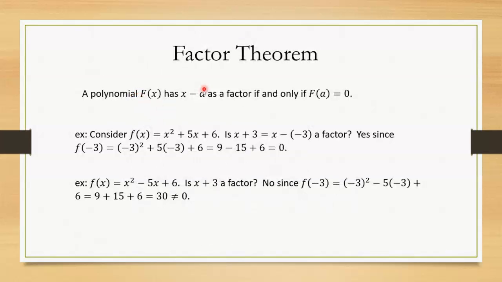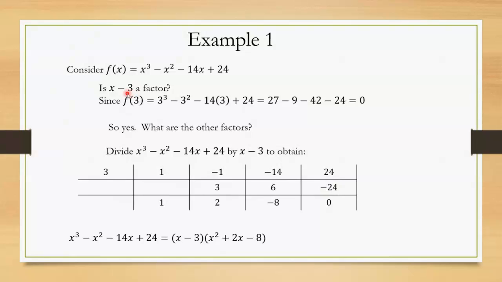Again, going back to this, you have x minus a number. It has to be minus a number, and you evaluate at that number. So here we have f of 3. If you evaluate it, you end up getting 0 by direct calculation.